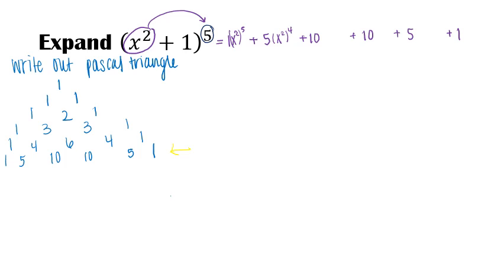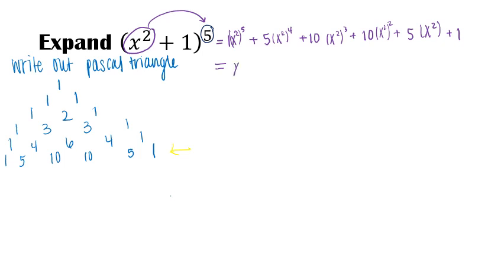So at this point, I'm going to ignore the 1. Okay, so then I have x squared raised to the 3rd power. x squared raised to the 2nd power. And then x squared raised to the 1st power, and then the 1 is just there at the very end.